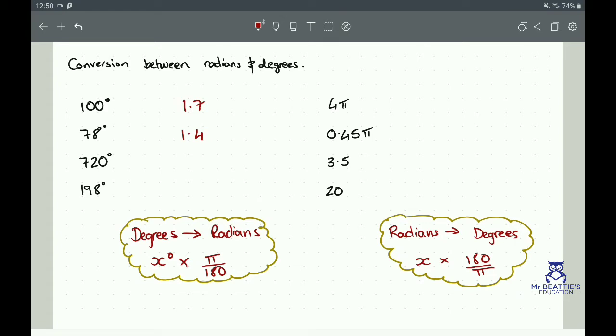And again, all we're doing with all of these is timesing them by pi divided by 180. 198 times pi divided by 180 is 3.5.